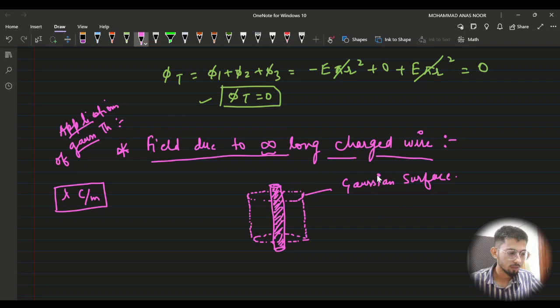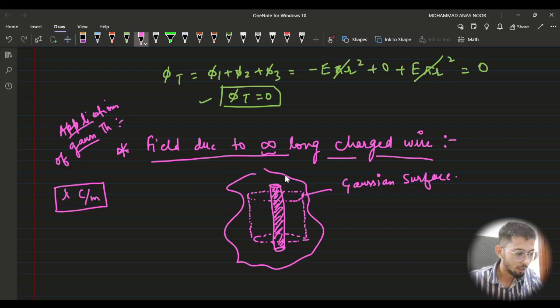I'll tell you why we drew only the cylindrical Gaussian surface; this we will study later on, because it is drawn so that we can find the answer in the simplest way possible. It would not be practical to draw a haphazard surface, as that would lead to a very long answer.